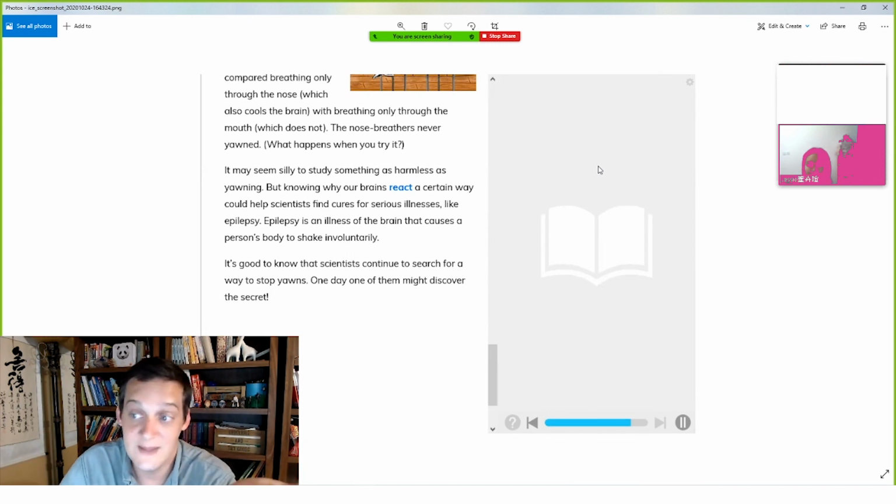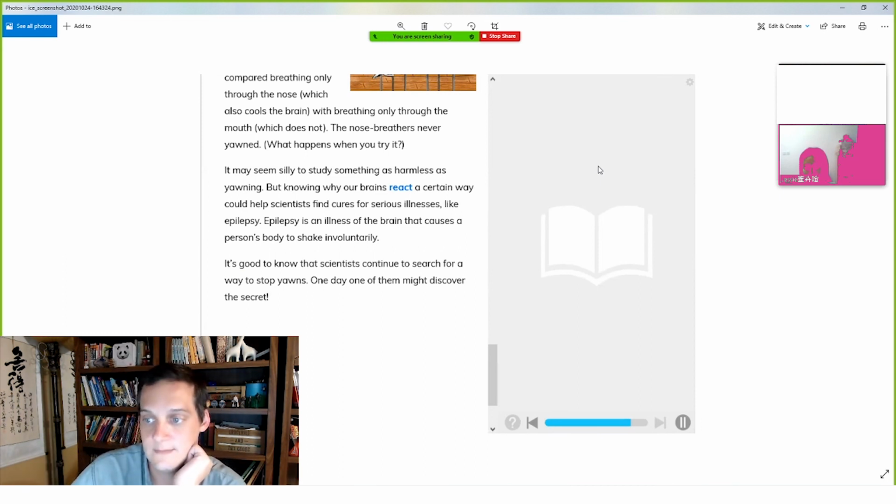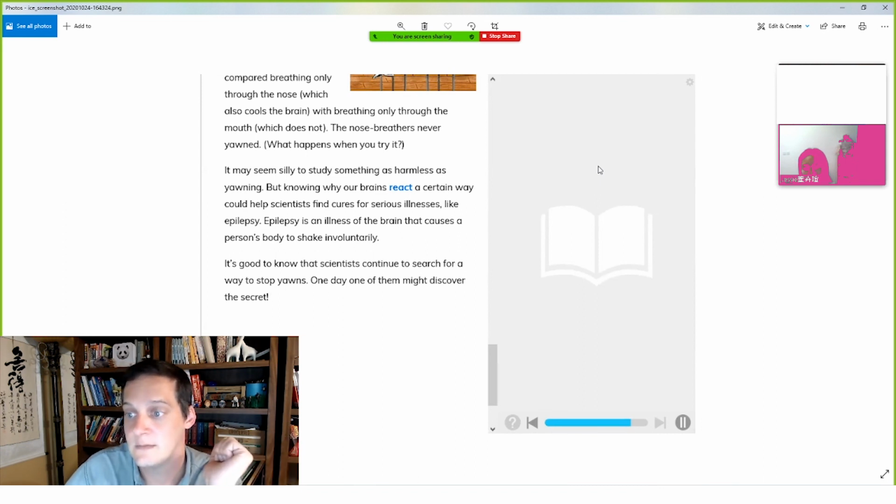So if you can learn about this, then maybe you can also learn about that. Yawning is not important, but it's part of the brain. If you can understand why the brain tells us, hey, yawn, and so you go, okay, then you might also understand why epilepsy or why something else.